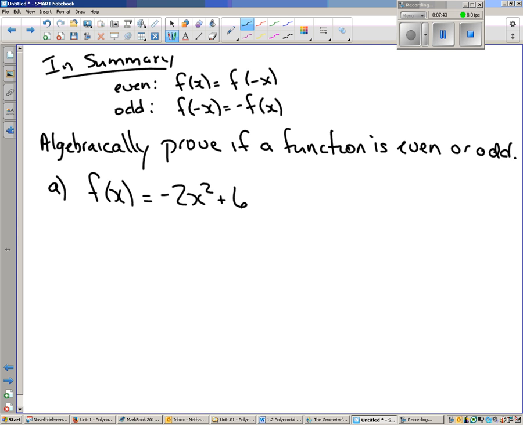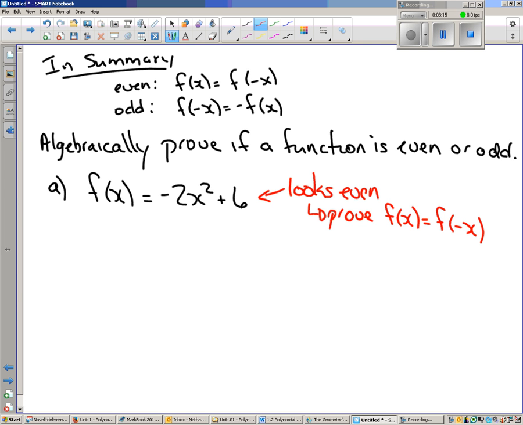Just give me a guess as to what you think that function is going to be. Is it going to be odd or even? Okay, so it looks even. So we have to prove that f of x equals f of negative x.